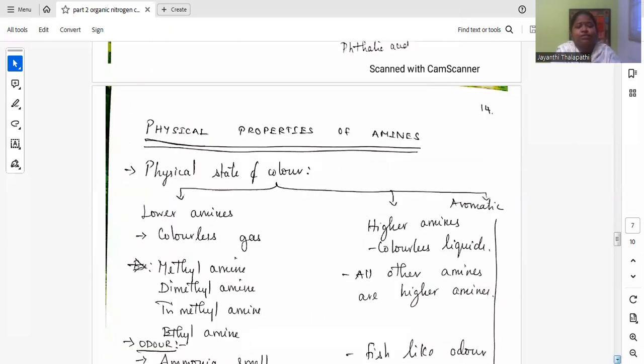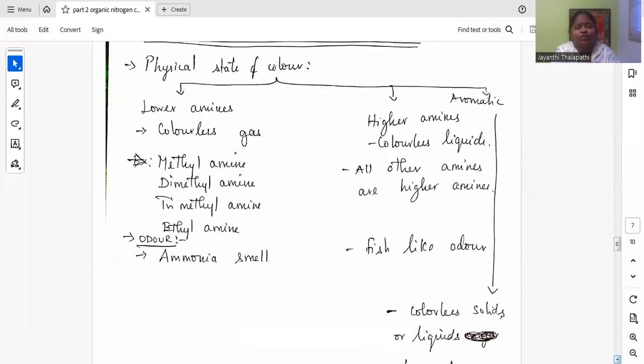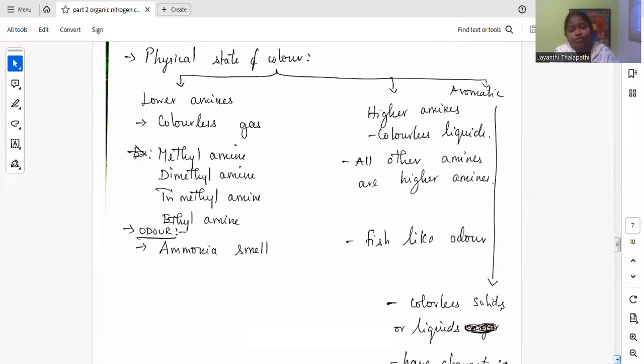Physical properties of amines: physical state and color. Lower amines, higher amines and aromatic amines. Lower amines like methylamine and ethylamine are colorless gases which have a smell of ammonia. Higher amines, with more than 3 methyl groups, are colorless liquids.